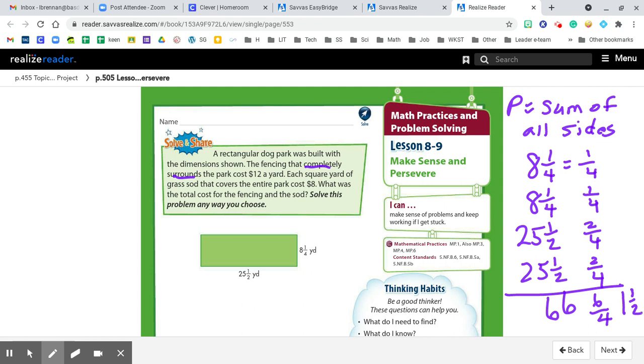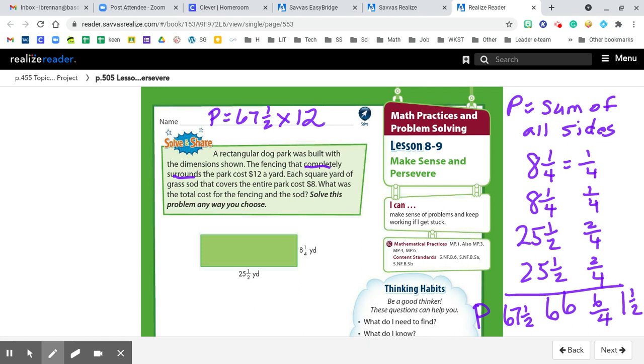So my perimeter is going to be 67 1/2. That's my perimeter. And the fencing costs $12 a yard. So I'm going to do 67 1/2 times 12 to find the cost of my perimeter.